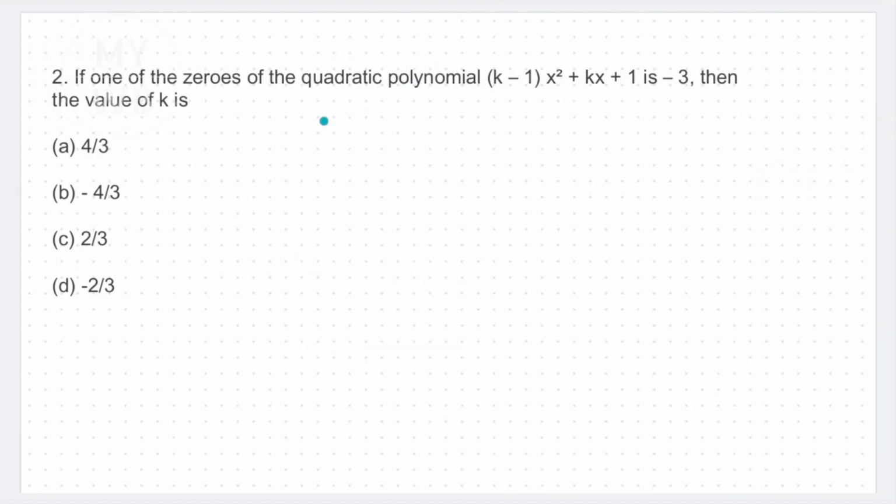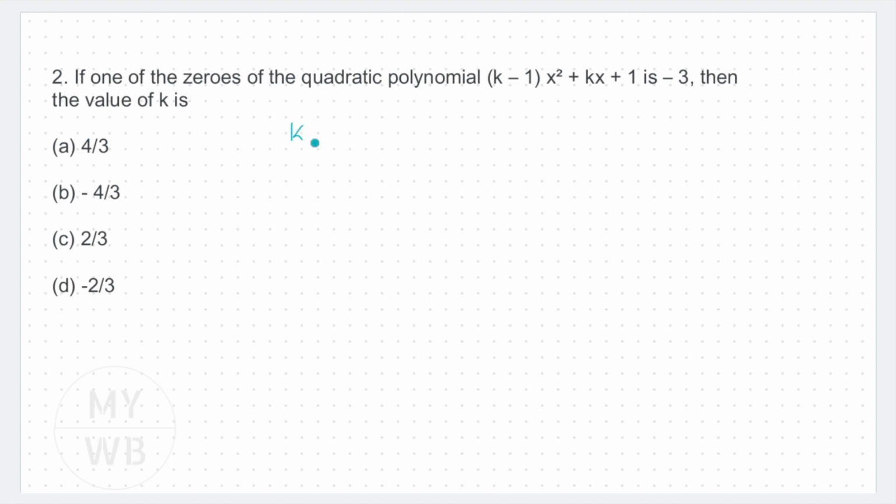If one of the zeros of the quadratic polynomial k minus 1 x square plus kx plus 1 is minus 3, then the value of k is. Options are 4 by 3, minus 4 by 3, 2 by 3, minus 2 by 3. Same logic, we will substitute x as minus 3 and equate it to 0, and let's find the value of k.